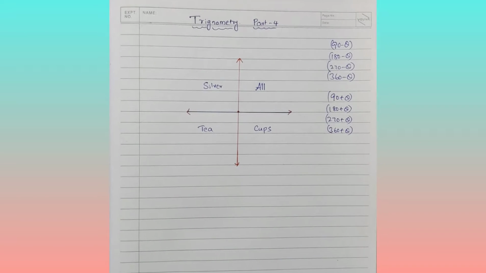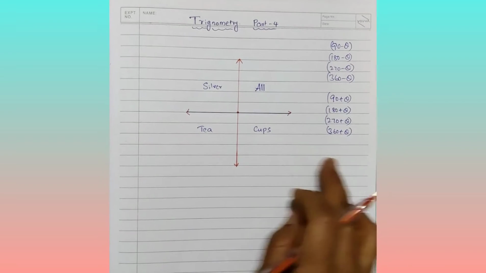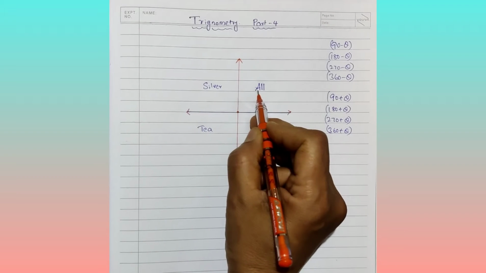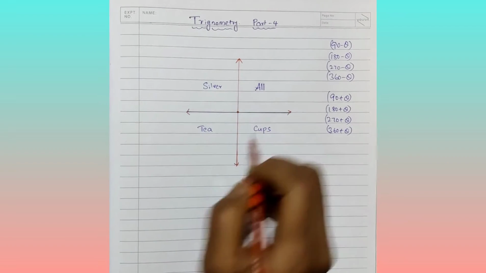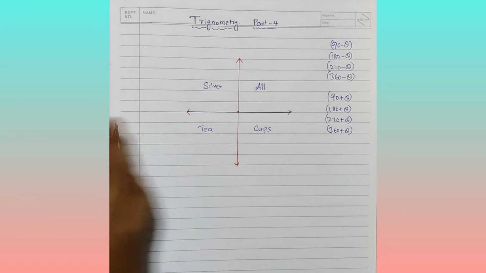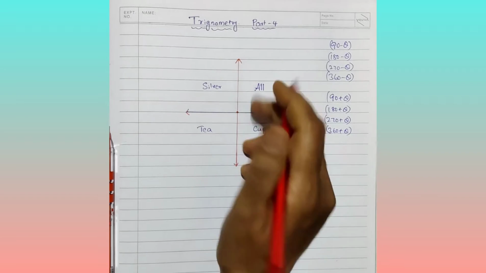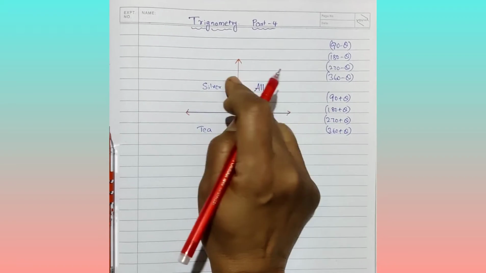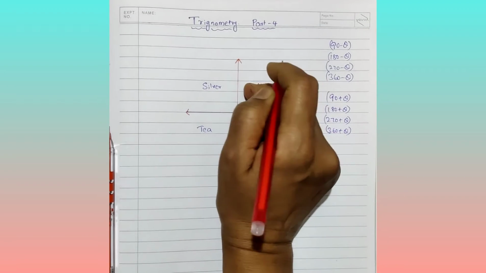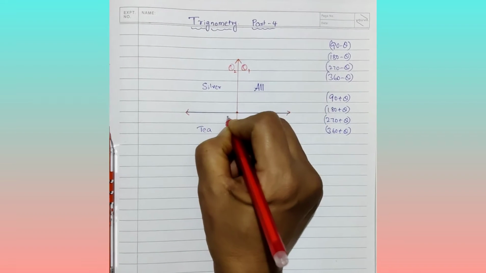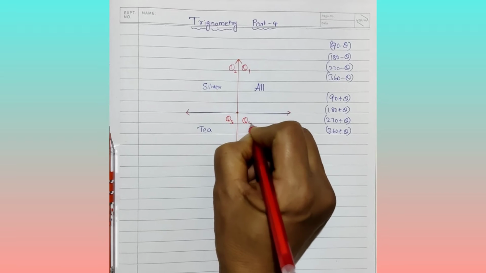Now we are going to discuss these angles by using this small statement, which is a very simple trick to remember. All Silver Tea Cups. Now here, these are 4 quadrants, right? This is quadrant 1, quadrant 2, quadrant 3, quadrant 4.